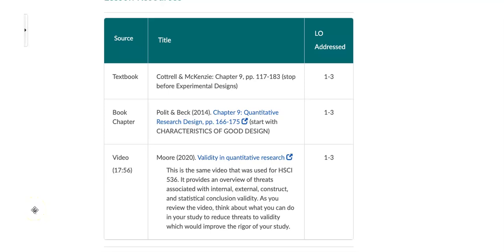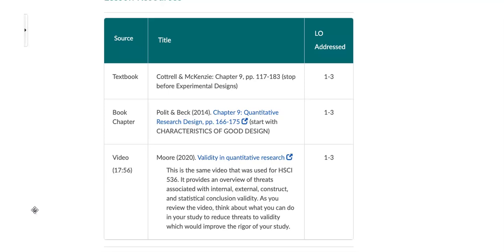So you have some resources that are carrying forward from HSCI 536. So I think you guys took that last year. So it might be in the back of your mind, some of these concepts, but you've got the Cottrell and McKenzie book. Remember, make sure that it's not the full chapter, so only read the part where it says to. The Polit and Beck goes over research design and helps to start you thinking about validity in each of these different types of designs.